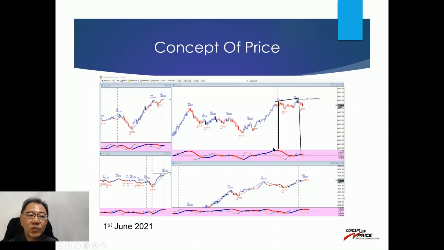Now if I were to draw a line connecting these two intersection points, it will be sloping downwards, right? So what you'll notice here is that on the price level part, the resistance to resistance is sloping upwards. On the indicator part, it's sloping downwards. This is what we call a divergence. Now, this is the first parameter we look out for.